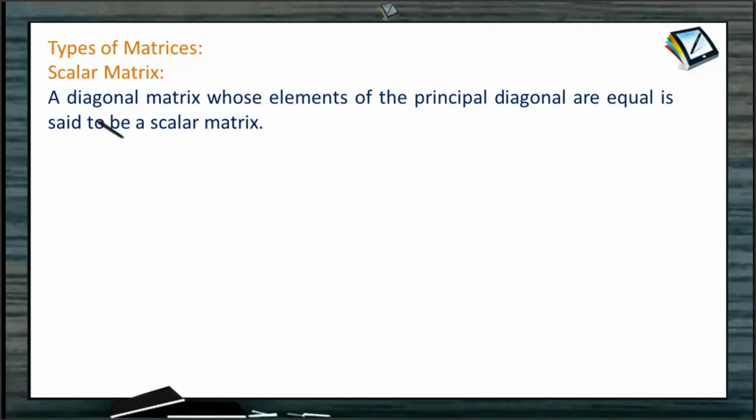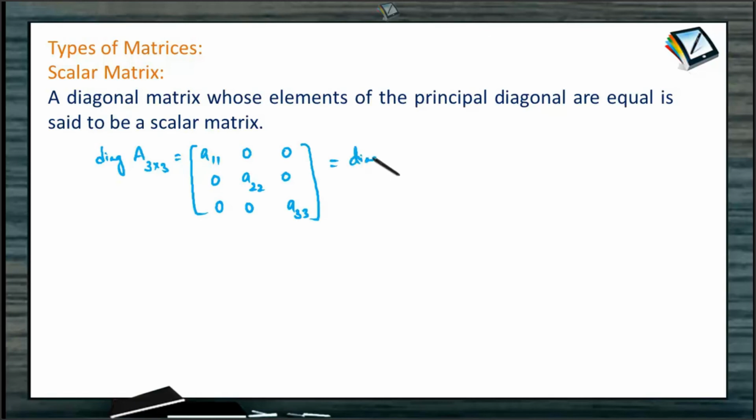So if you remember a diagonal matrix, how did we define a diagonal matrix A of order say 3 by 3? Yes, it would have A11, A22 and A33 as non-zero elements and the rest of all the elements are zeros, right? This is our diagonal matrix, which we denoted as diagonal of A11, A22, A33.